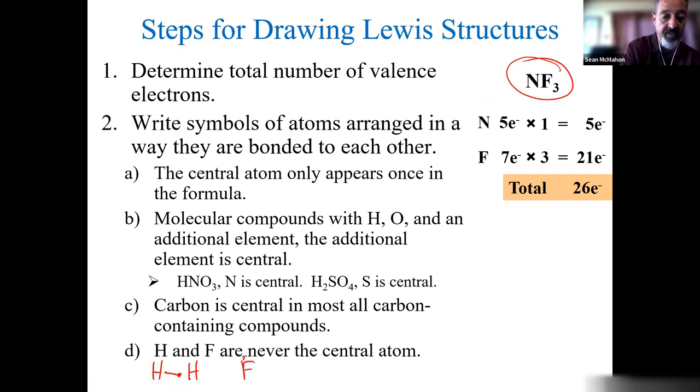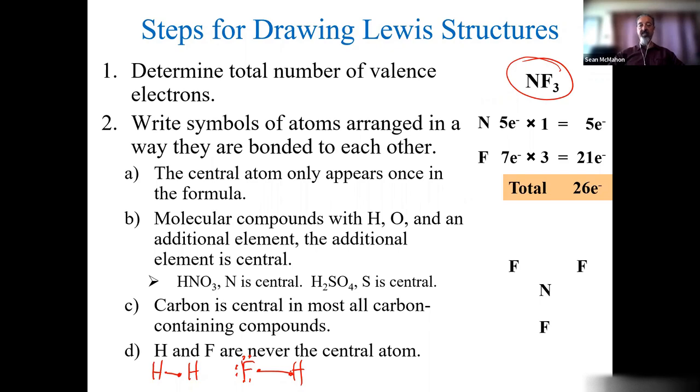Fluorine, it's group 7A, and it needs one more electron, so it tends to form a bond as well. It's typically not a central atom because it's not very metallic. So these 2 elements tend to form only single bonds.